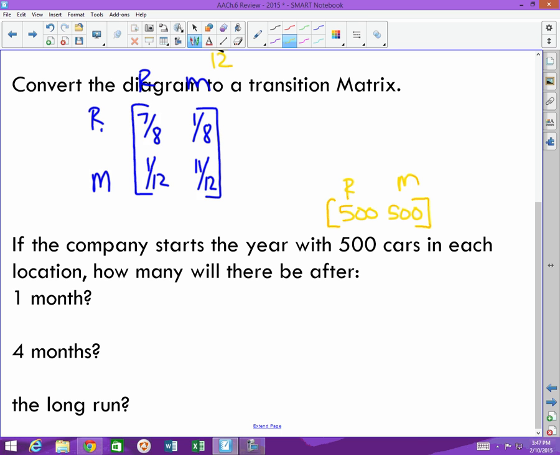You could call this one A and call this one B. Doesn't matter which you call them, you just got to make sure you do it in the right order. And remember, you have to take matrix A and multiply it by matrix B, because it's not possible to multiply B by A.